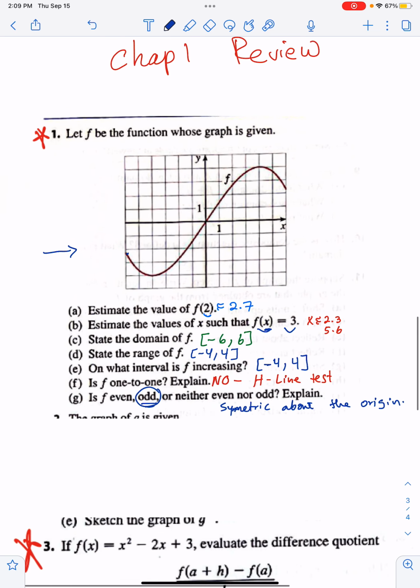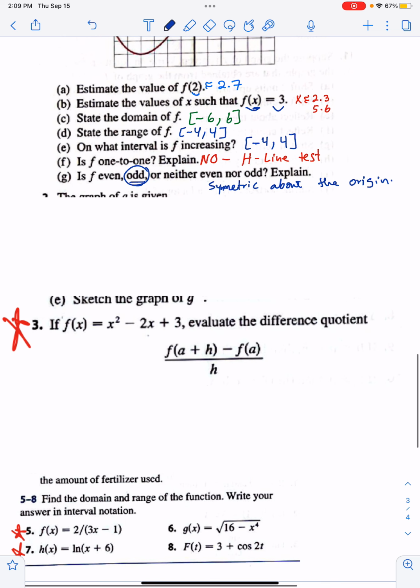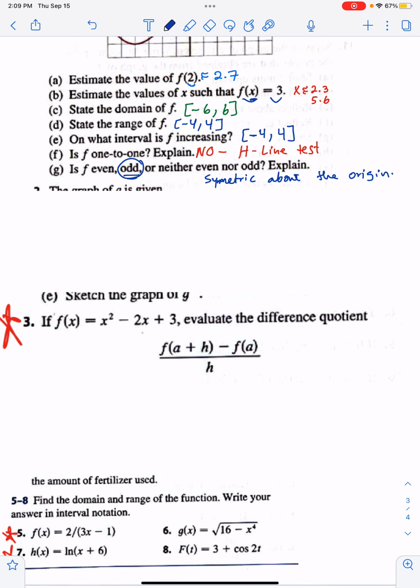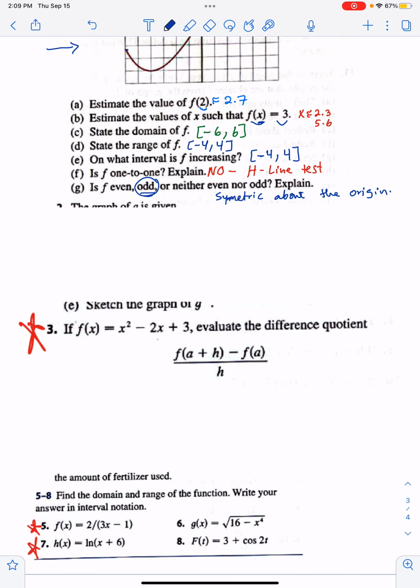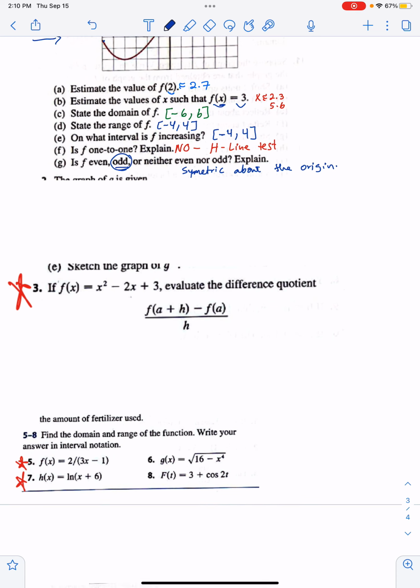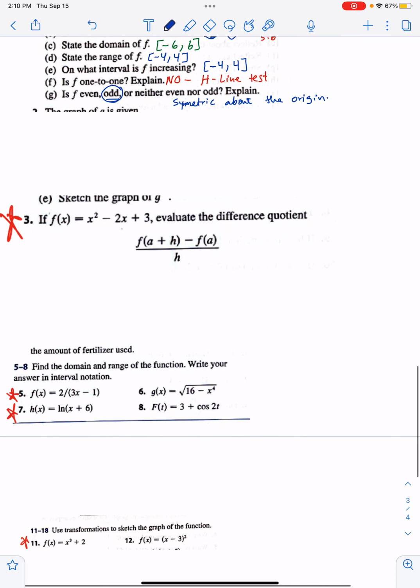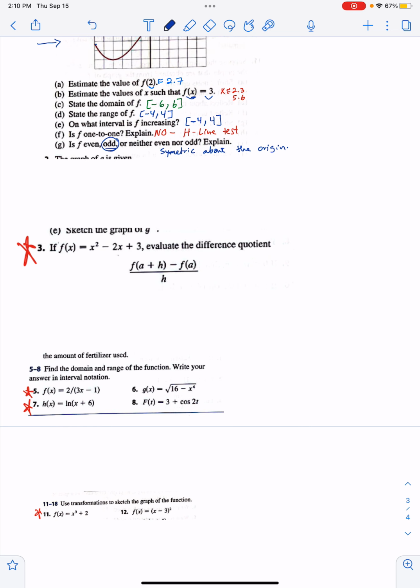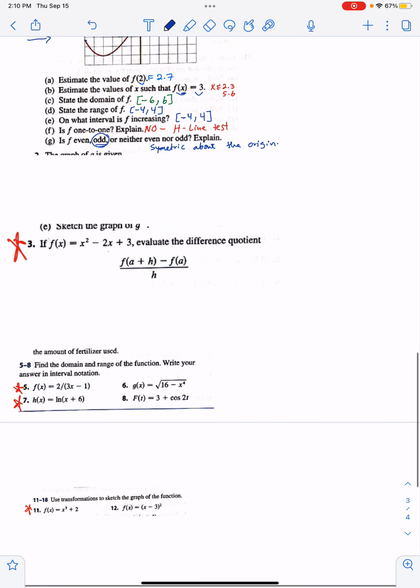Next question. If f of x is x squared minus 2x plus 3, evaluate the difference quotient. The difference quotient is a very important formula because you will be using it to find derivatives in a few chapters. So let's do this problem.